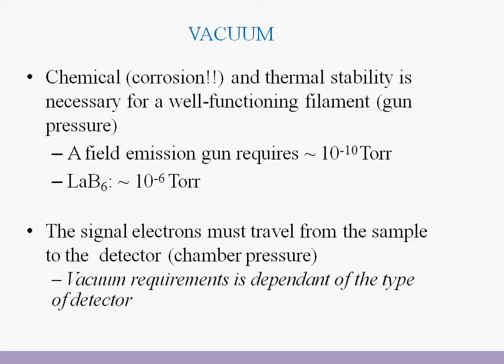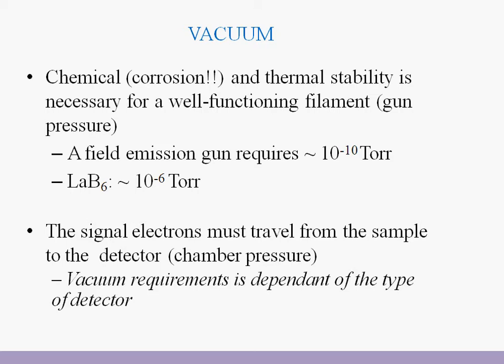Next is vacuum. In the case of SEM, we need chemical as well as thermal stability for the well-functioning of the filament. That means we need a sufficient amount of inside pressure. For a field emission gun, we require 10 raised to the power of minus 10 torr, and for lanthanum hexaboride, we require 10 raised to minus 6 torr.